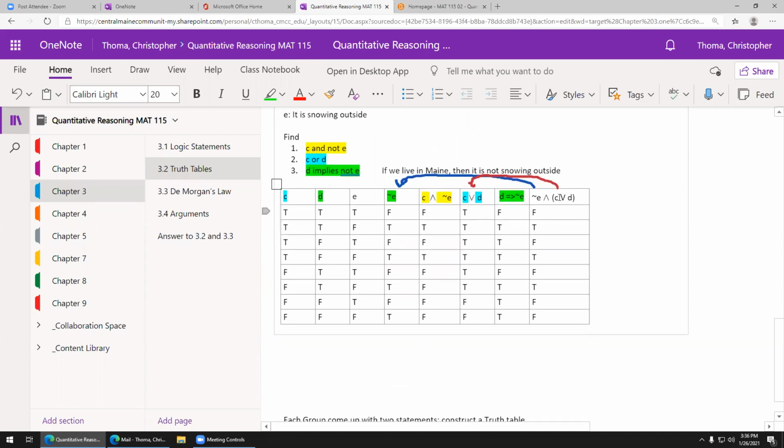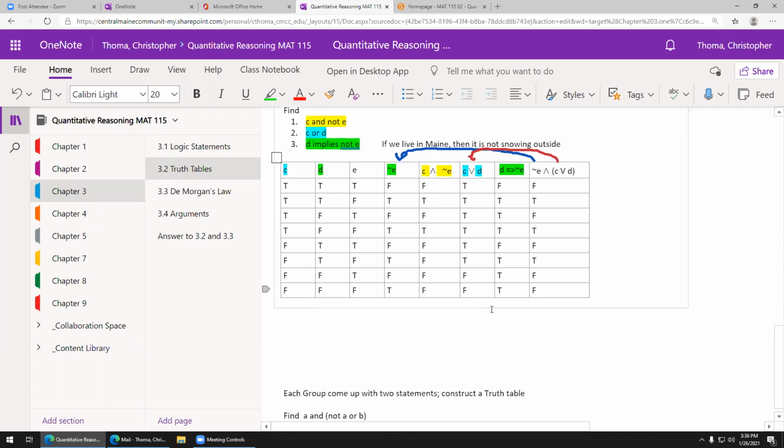Now, once you get into the compound statements, yes, that is the one and only answer. Yours might not look identical to mine, because if you don't create your rows in the same order, then the Ts and Fs might be in a different order. But in the end, we should have the same amount of Ts and the same amount of Fs, in the same alignment. If we do not, then there's something wrong. But it might not look identical and still be the correct answer.